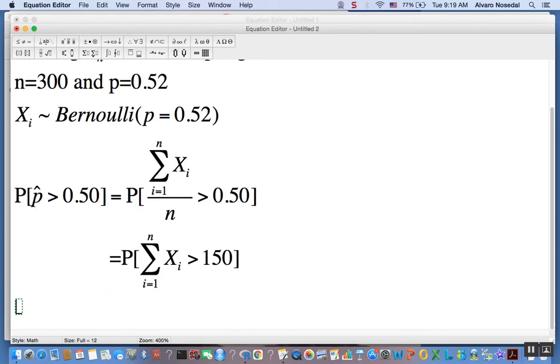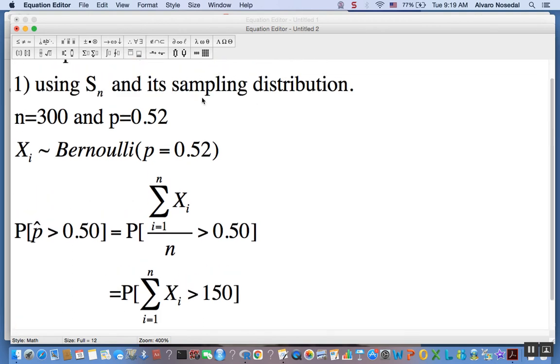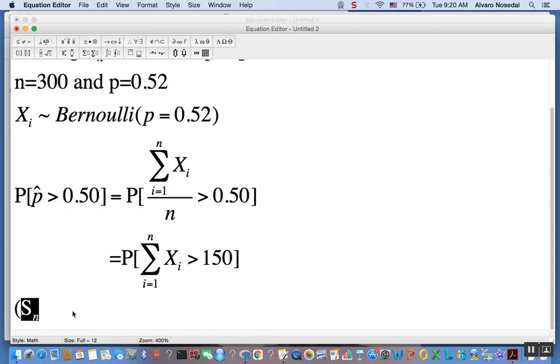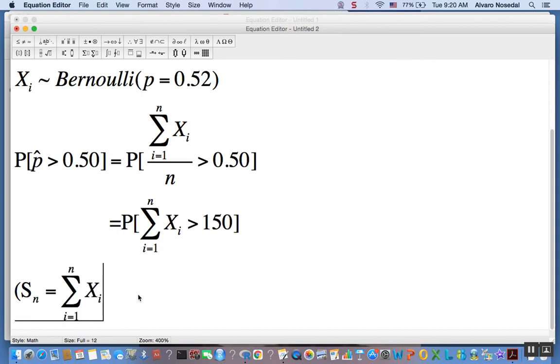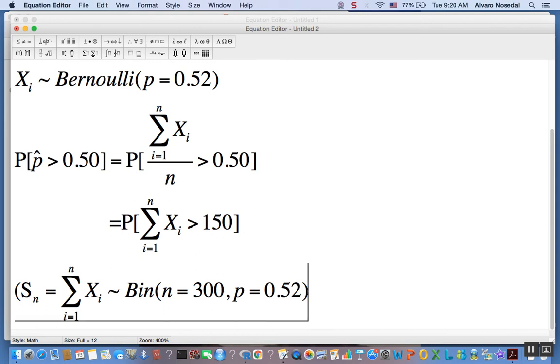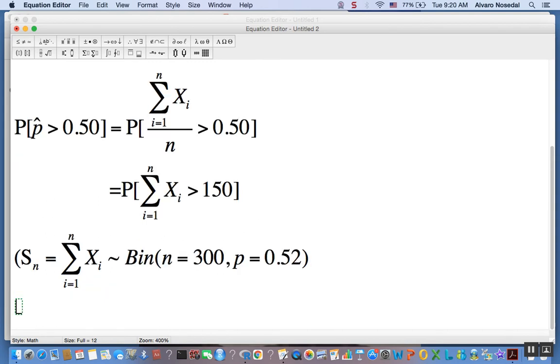Now, remember that Sn is the sum of the xi's, and we have shown that the probability distribution of Sn is binomial with parameters n, in this case 300, and p, 0.52. So that will be useful.